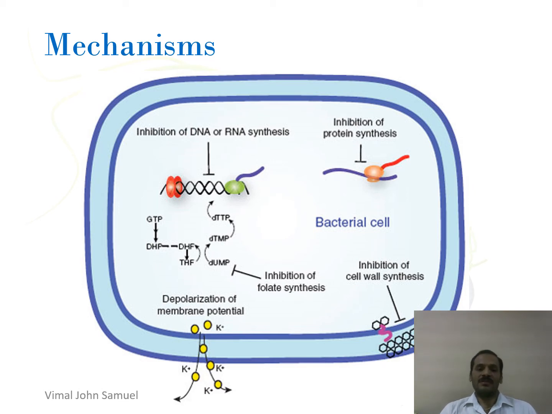This is produced by the gene expression process in the bacteria. The formation of mRNA is the first step in gene expression, the transcription process, and the next process is translation, the synthesis of protein from the mRNA.